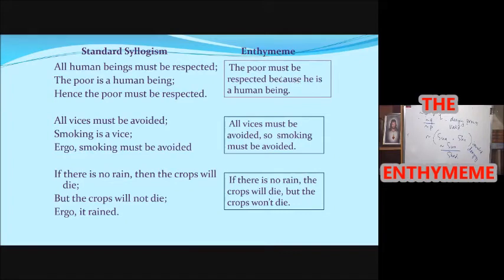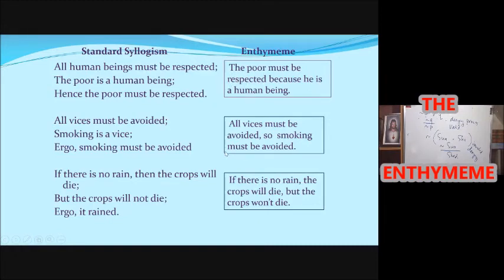So if you say the poor must be respected because he is a human being, that means he is a human being is a reason, as indicated by this term because. Reason for what? Reason for the poor to be respected. So we know that this is a premise, and this one is a conclusion.